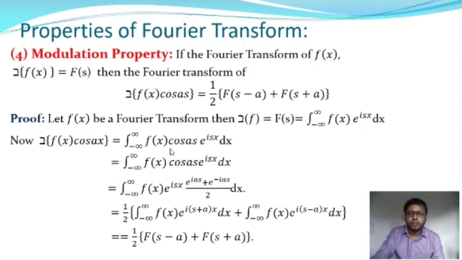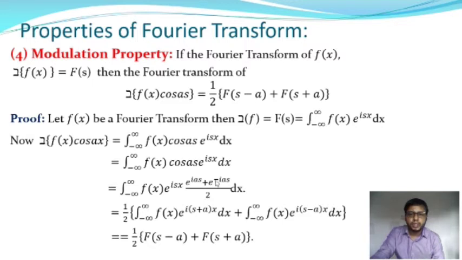And there is a formula for cos ax. It is actually e to the power i a x plus e to the power minus i a x, divided by 2. Okay, this is the formula of cos ax. Okay, and the second part will be e to the power i s x into dx. So therefore this integral value will be reduced to the integral from minus infinity to plus infinity of f of x into e to the power i s x into e to the power i a x plus e to the power minus i a x, divided by 2, into dx.